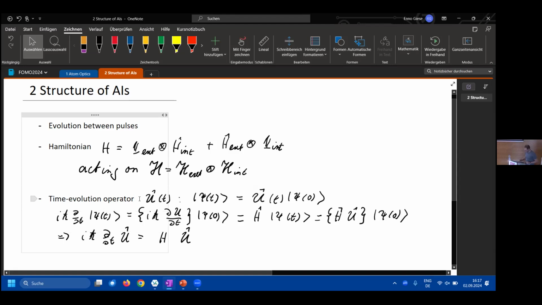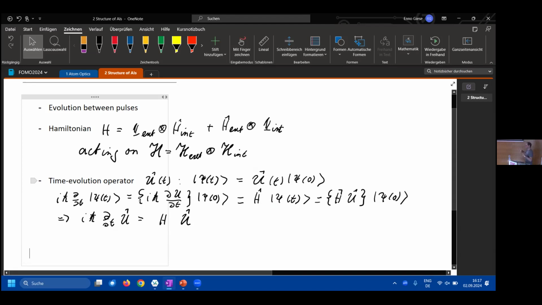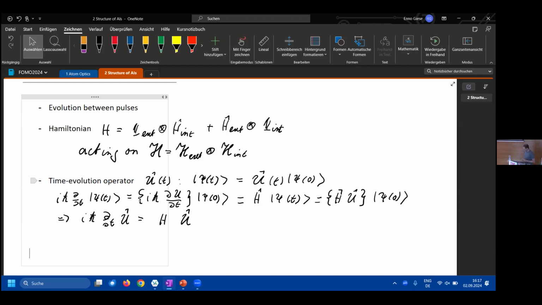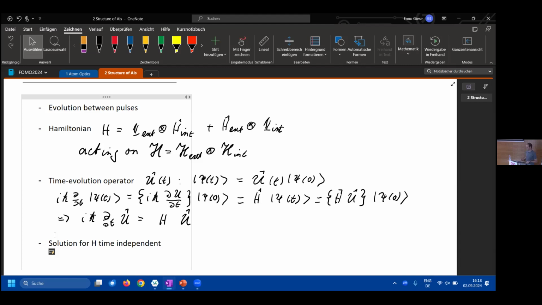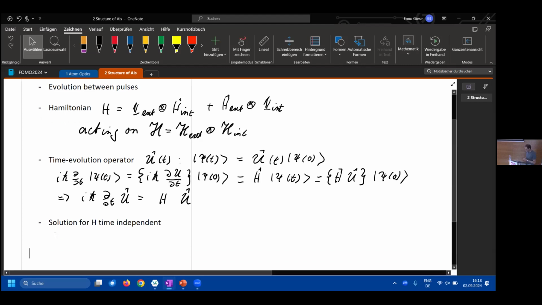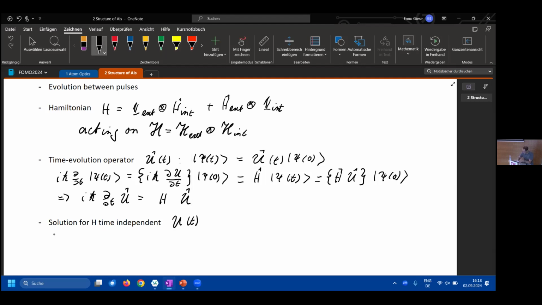Now, because I don't want to calculate the interferometer in any representation, I just want to calculate the whole time evolution in this operator form. And so if the Hamiltonian is time independent, we can straightforwardly solve it. That's just taking the operator exponential. And that's effectively what we could do also for these Rabi oscillations that we observed.